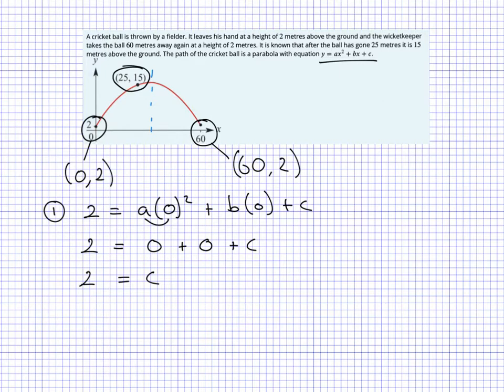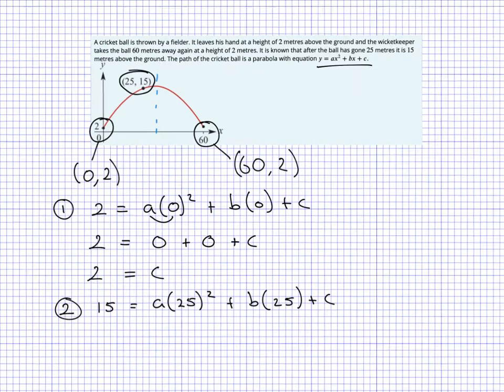Equation 2 is using the second point, which is 25, 15. So it's going to be 15 equals a times 25 squared plus b times 25 plus c.